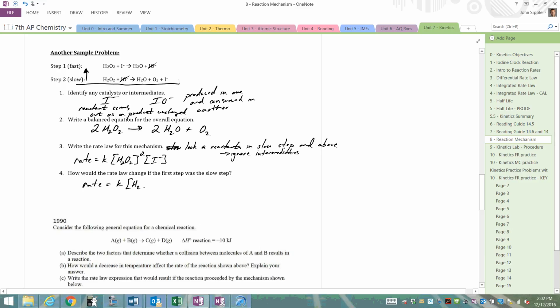There you go. It's only first order for hydrogen peroxide, not second, because it's the slow step and above. There happens to be nothing above this, so we only look at the slow step: it's just H2O2 and iodide.